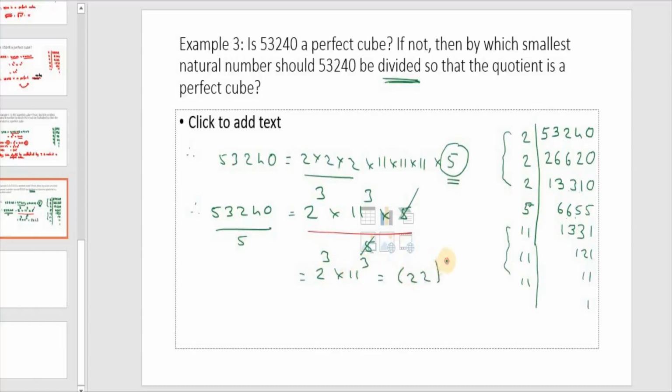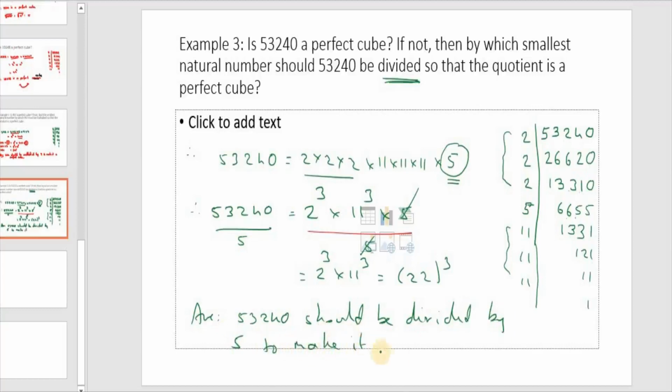That is nothing but 22 cube. So the answer: 53,240 should be divided by 5 to make it a perfect cube.